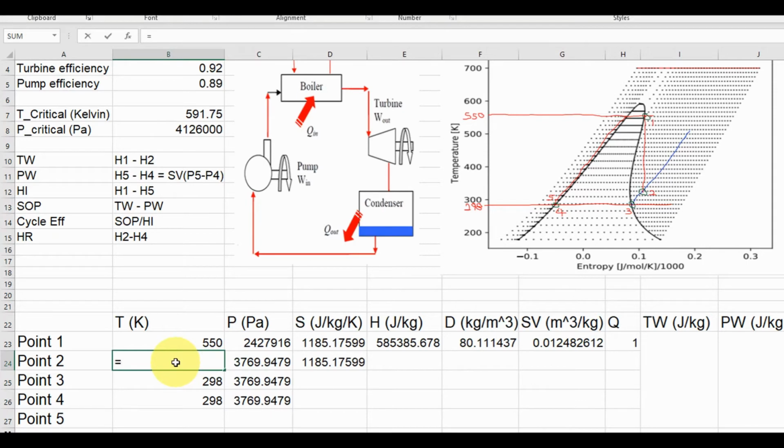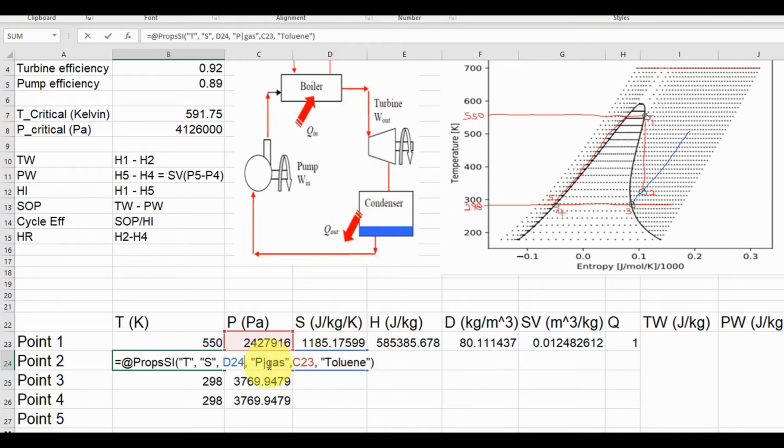Again, I say equals. Now I want to find the temperature at point 2. So I'm looking for the temperature. And what I know is I know the entropy at point 2, which is equivalent to the entropy at point 1. I will select that entropy. So this is D24.